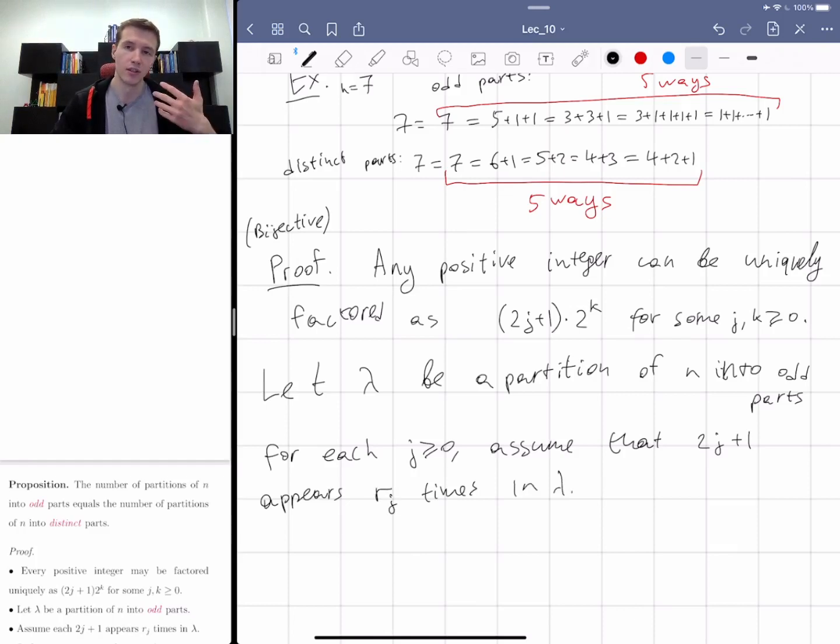So that's like the multiplicity of 2j plus 1 in lambda. So maybe like 1 appears 4 times in this partition here. So r sub j would be equal to 4.